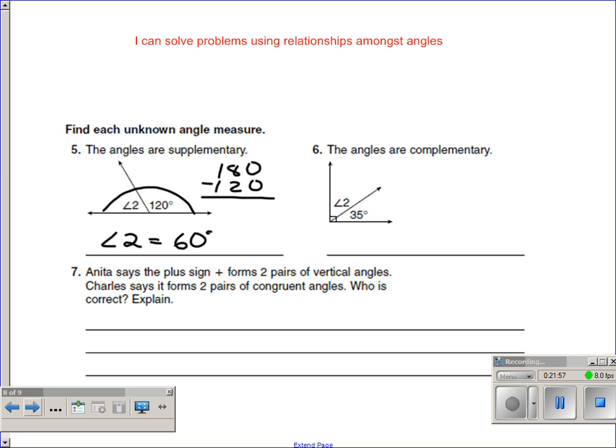How about for number 6? Number 6, what did we get for the measure of angle? What'd you get? No, look at your sheet. What's your sheet say? What do complementary angles add up to be?